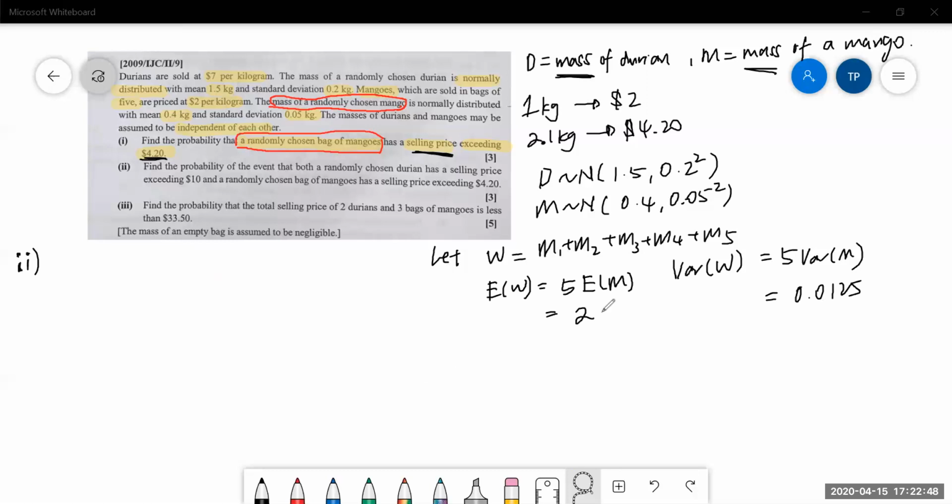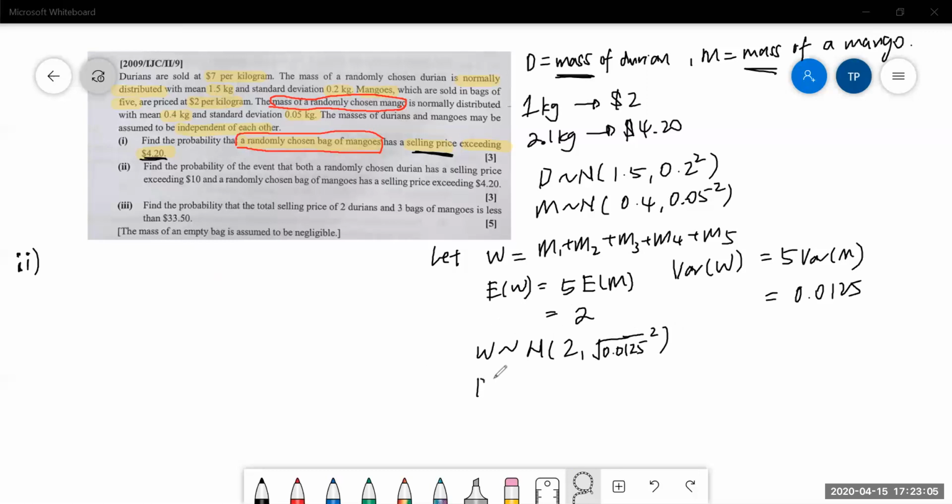Yeah. Okay. So after you're done with this, then we can have the new distribution, which is W follows normal distribution, 2 comma square root 0.0125 squared.